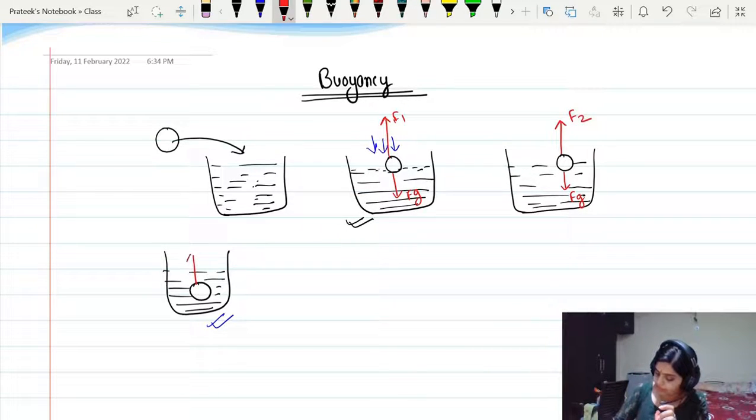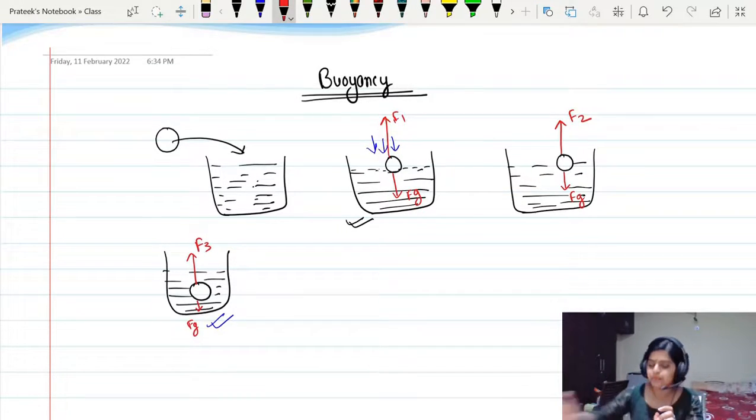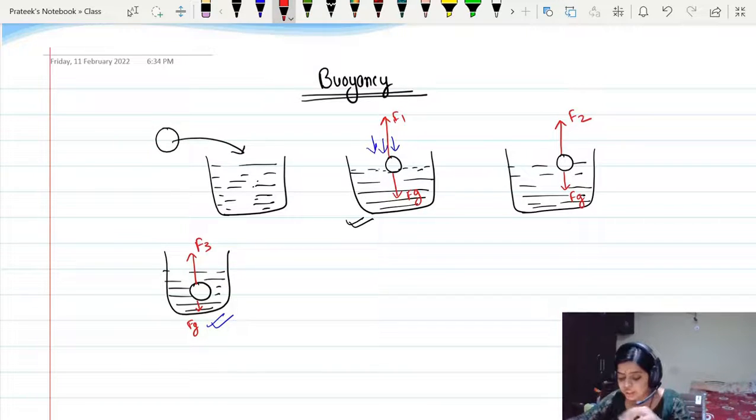In the third case also, the upward force is denoted by F3 and the gravitational force is denoted by Fg. The gravity is pulling the ball by the gravitational force, but the ball floats due to the upward force exerted by water.